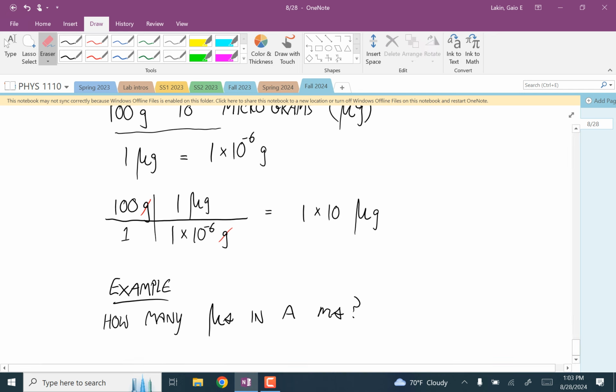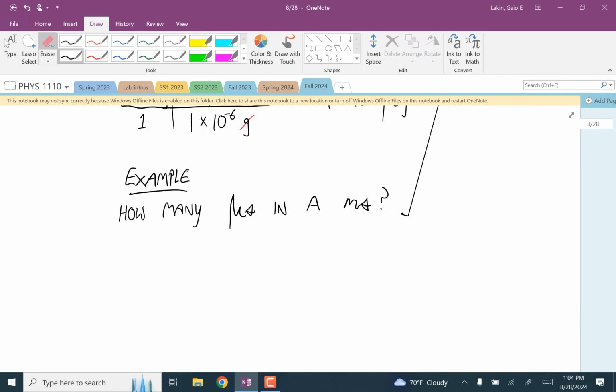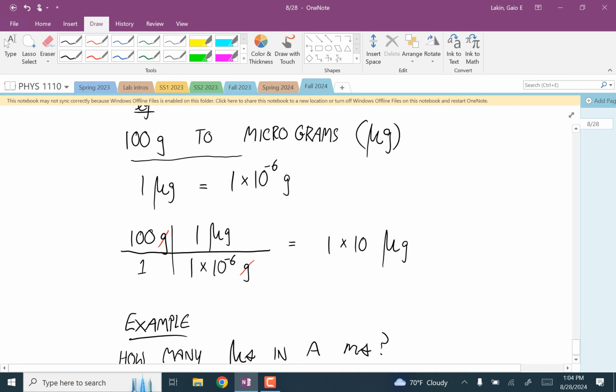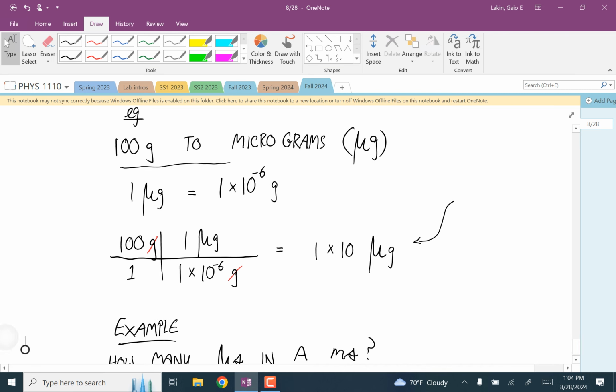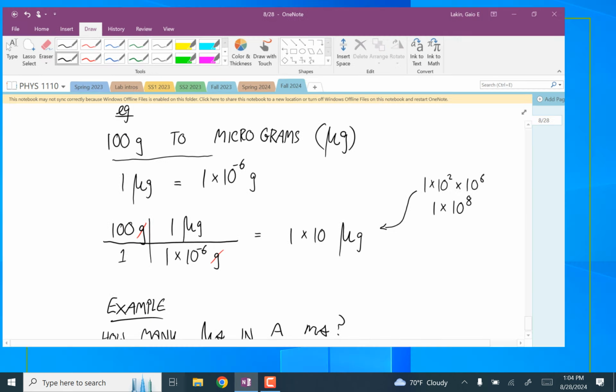So this is like 1 times 10 to the 2 divided by 1 times 10 to the minus 6, which is the same thing as 1 times 10 to the 6. And that is 1 times 10 to the 8.